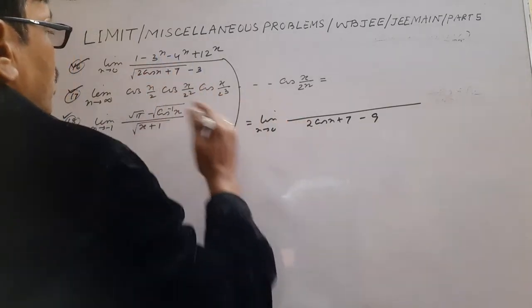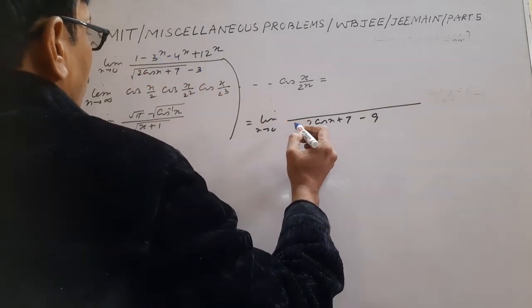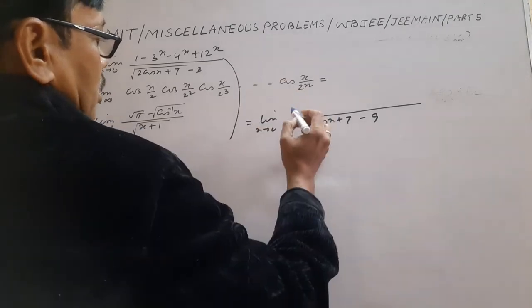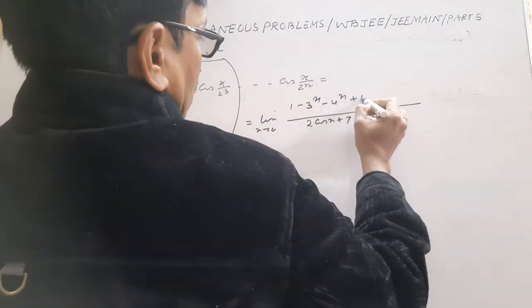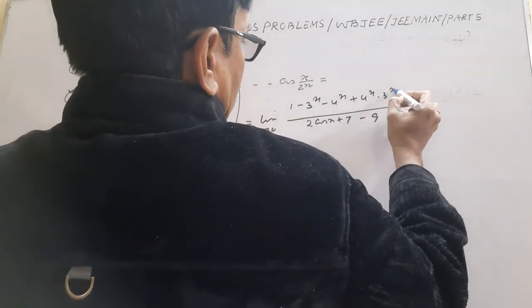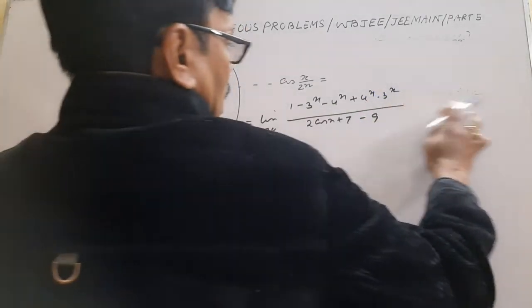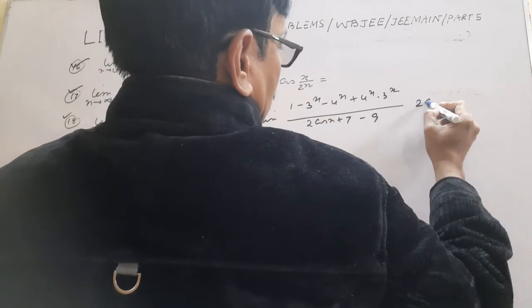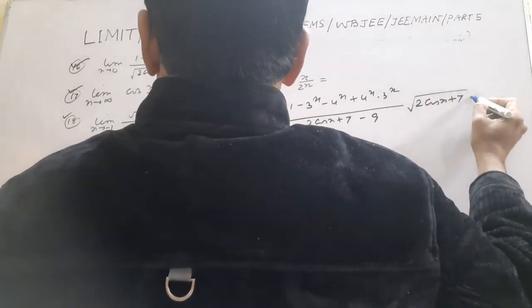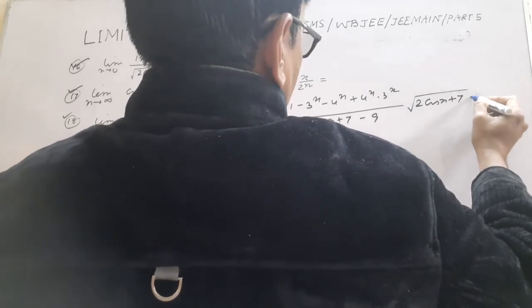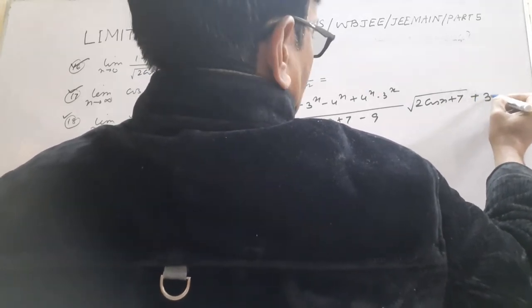And if we factorize it, we get this is 1 minus 3 to the power x, 4 to the power x, 4 to the power x, 3 to the power x. And the rationalizing factor is square root of 2 cos x plus 7 plus 3.